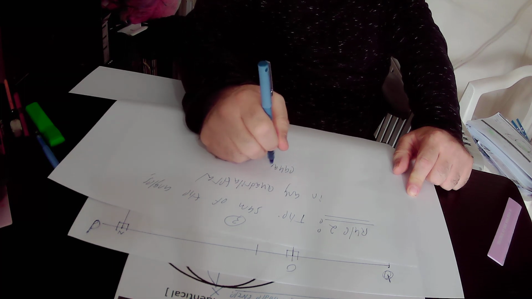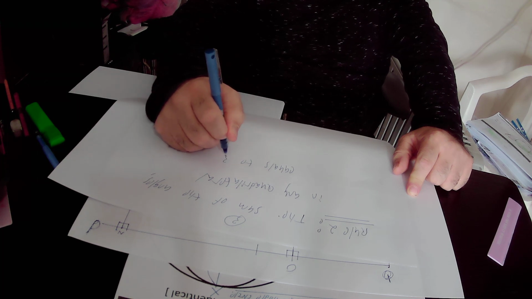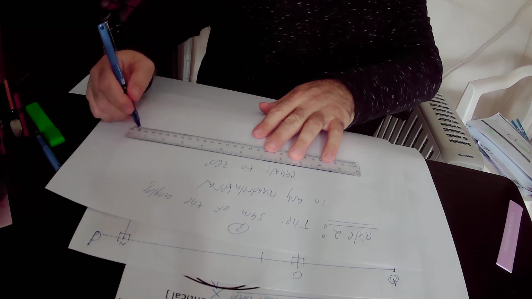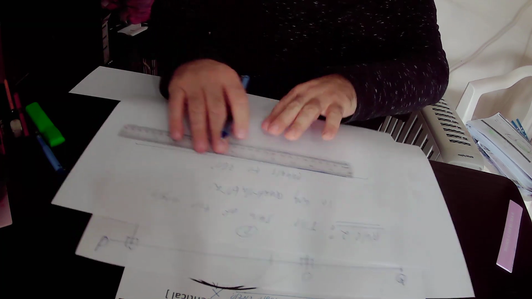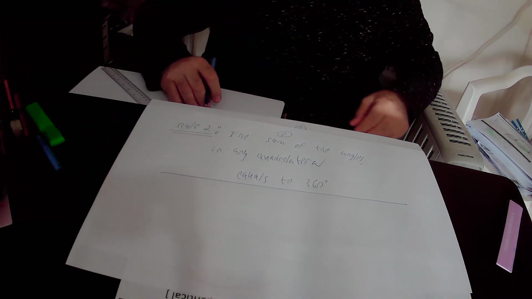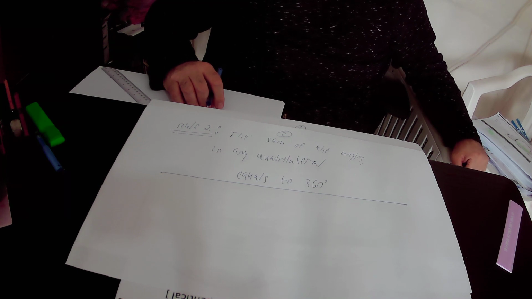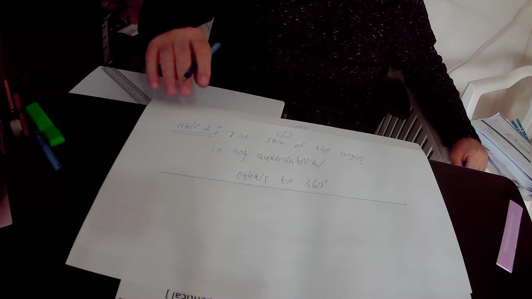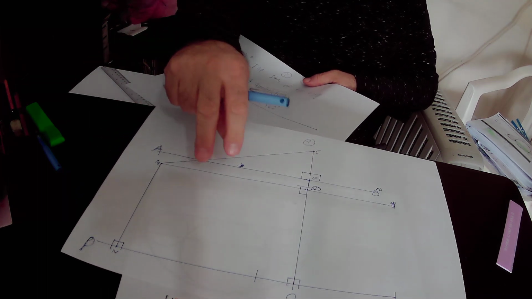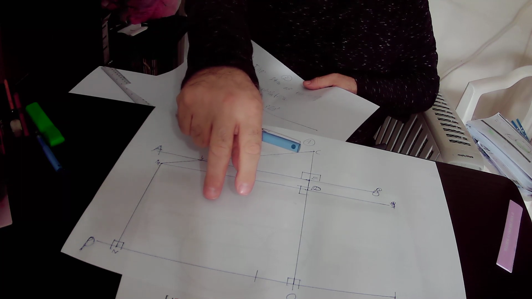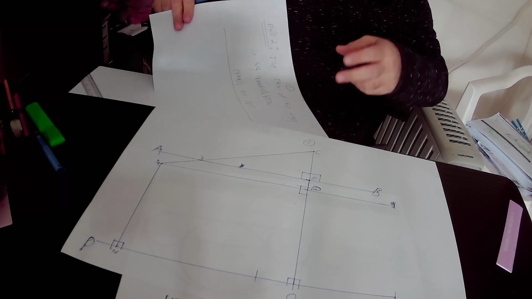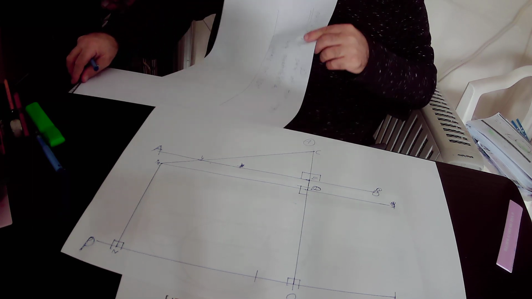So I will read rule number 2 again. According to rule number 2, the sum of the angles in any quadrilateral equals 360 degrees. And especially in quadrilateral MNOD, the sum of its angles equals 360 degrees according to this rule.